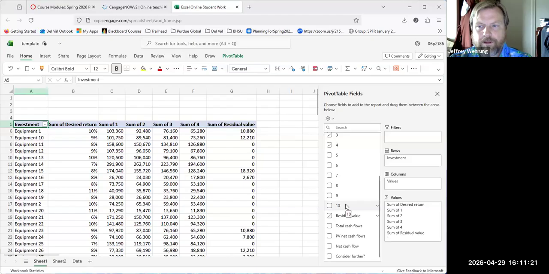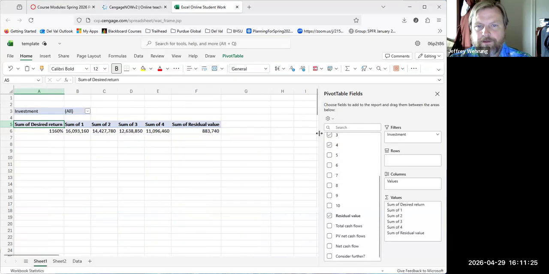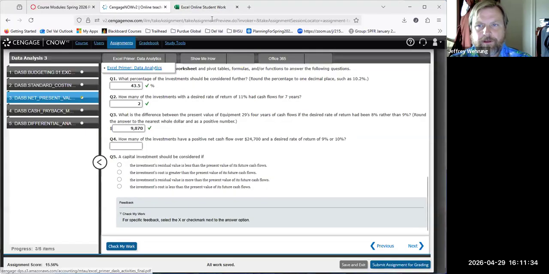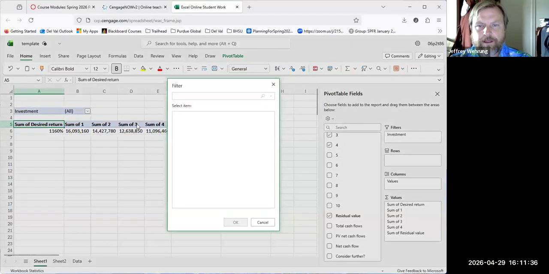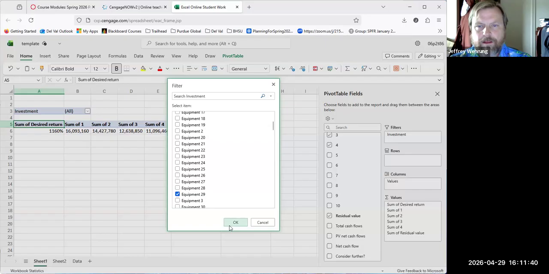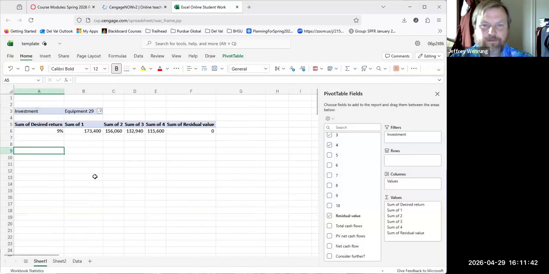Residual. We're filtering by investment, I guess. Investment, equipment 29. Okay, and it's at 9%.